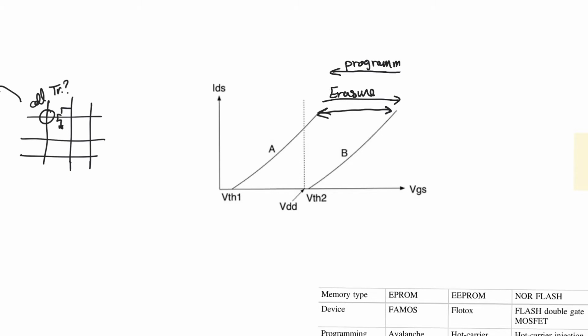Whether you call one programming or the other erasure is a matter of convention, but you should not call these processes writing, because the word writing is usually preserved for actual writing in SRAM or DRAM cells, which is very different from programming and erasure here. Because programming and erasure are not just about writing a specific value at a specific node in a circuit. They are about changing the whole characteristics of a device.